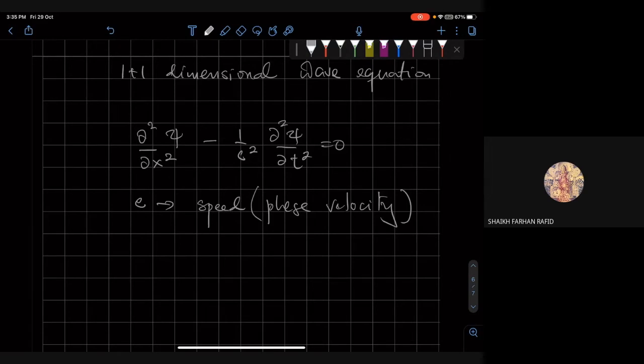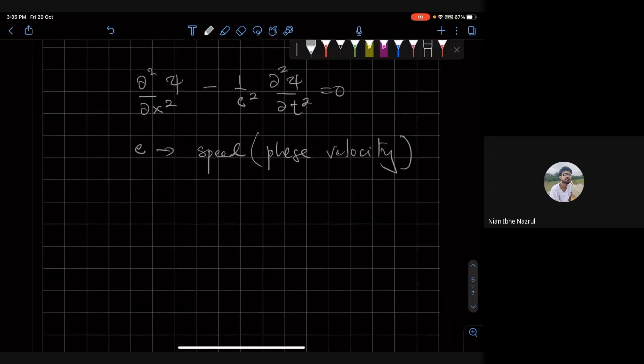Something related to acceleration. Okay, anyone else? I didn't tell you that. It was implicit in the tutorial. It accounted for both the right-moving wave and the left-moving wave.